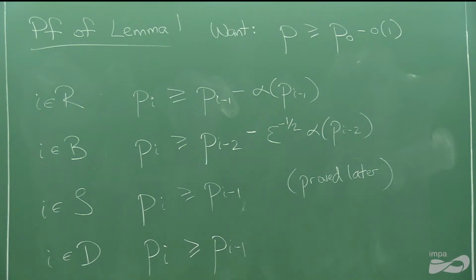So can you now see how to go from this to the lemma? I should maybe write what alpha is again, because I erased it.